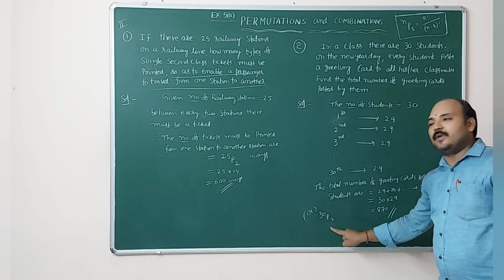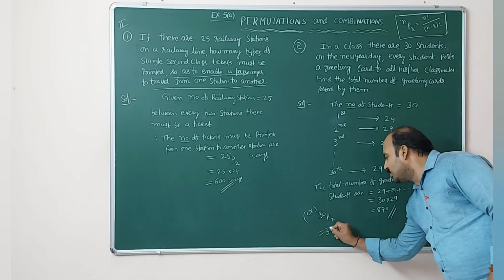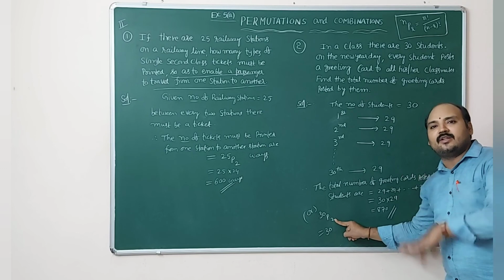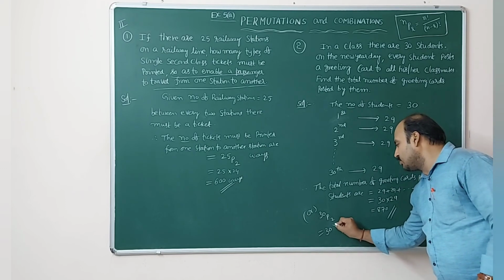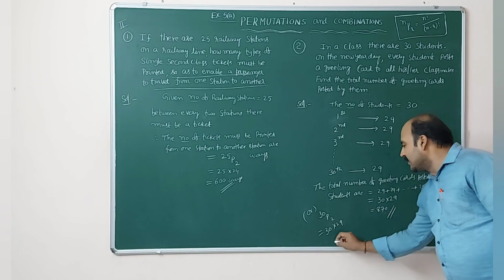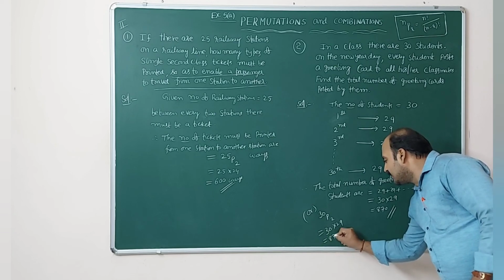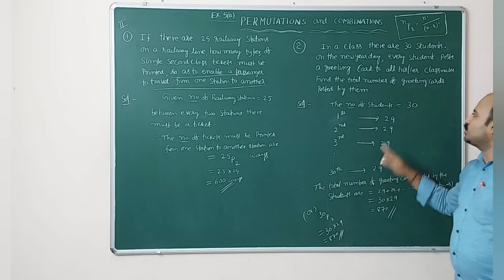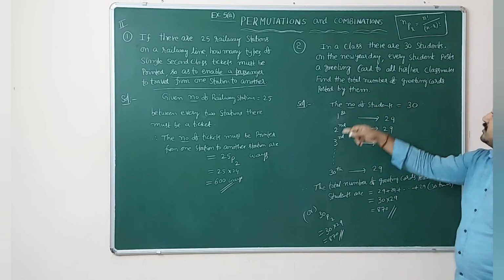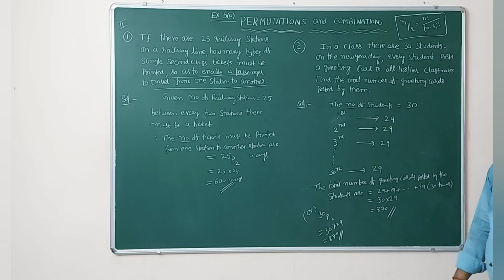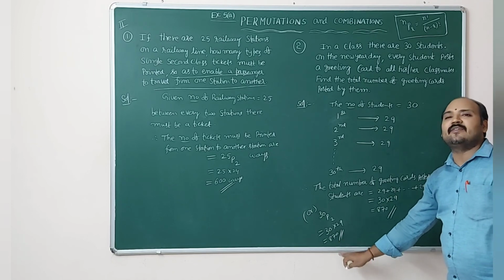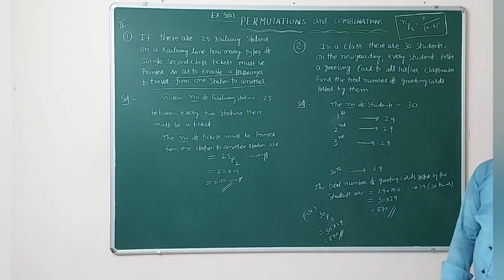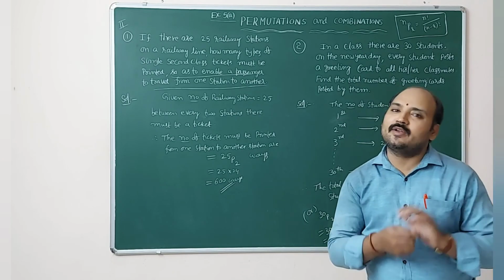So 30 P2: 30 into, since 2 is there, 30 minus 1, so 29. Even that also we are getting the same, 870. So out of 30, we can arrange 2 students to distribute the greeting cards, or 870 ways are there. I hope everyone understands. We'll move to the next one.